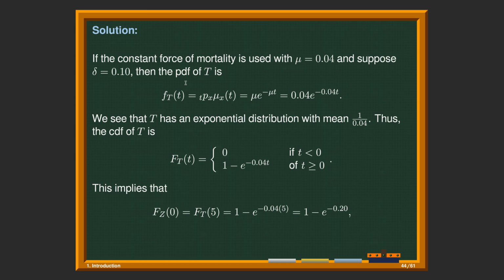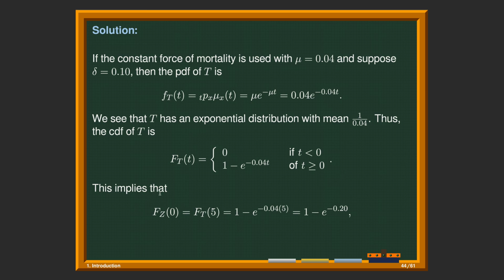So our t has an exponential distribution whose mean is 1 all over 0.04. And since it is exponential, this is how its CDF would look like, right? So the CDF is 0 for all t that is less than 0, and it takes 1 minus e to the negative 0.04t if t is greater than or equal to 0.